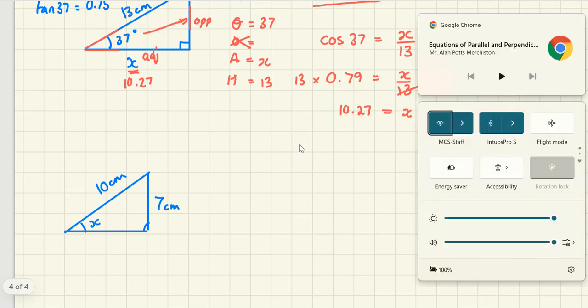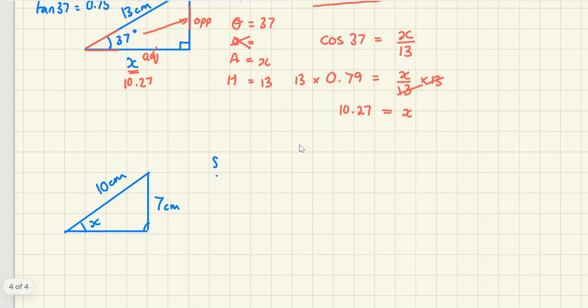Same idea though. What I do is I write out my ratios, SOH CAH TOA. I have to decide which one I'm going to use. So this is the hypotenuse, this is the opposite, this is the adjacent. So theta, opposite, adjacent, hypotenuse.